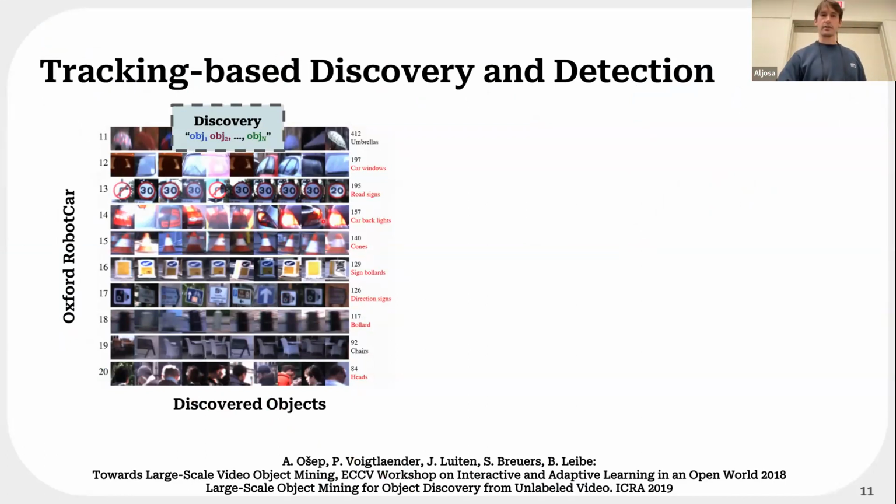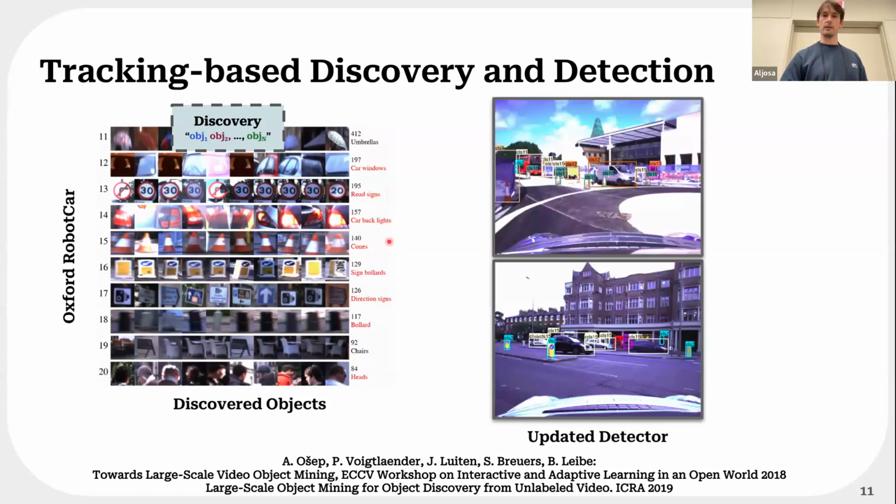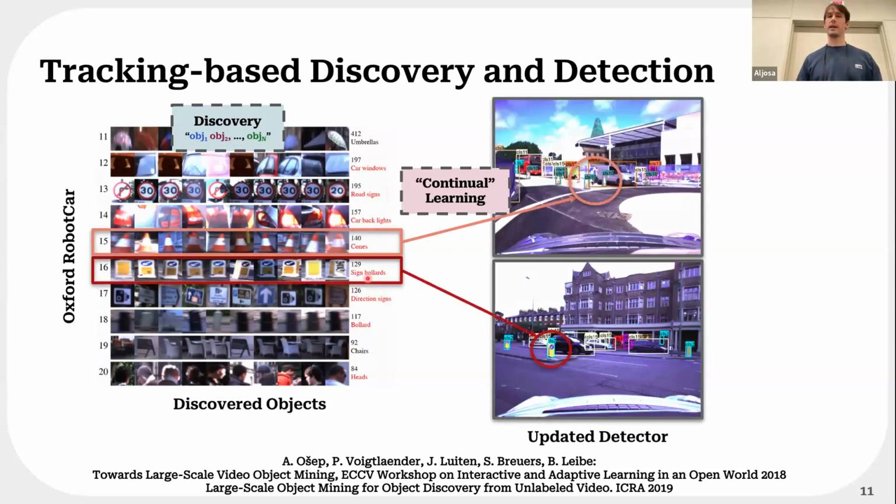And these cluster assignments then give you cluster IDs that we just used as pseudo labels to retrain our base detectors. And then you can see here that detectors for newly discovered objects such as these cones or these sign bollards appeared.